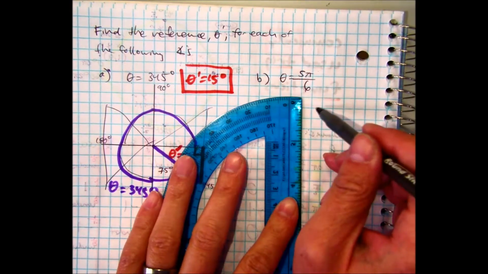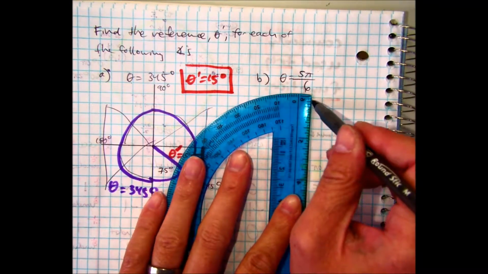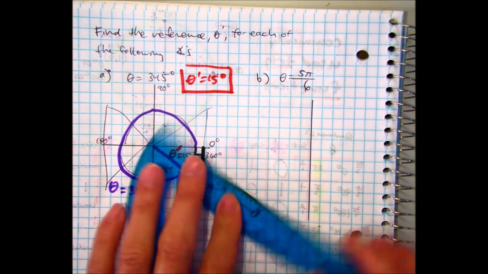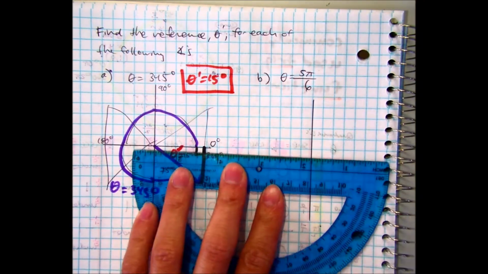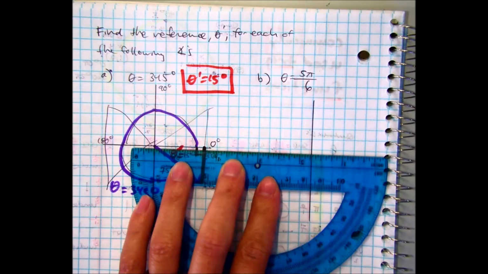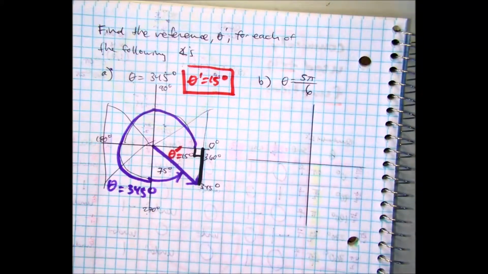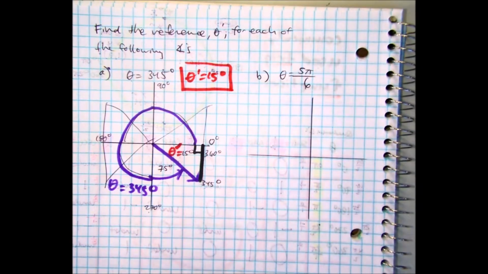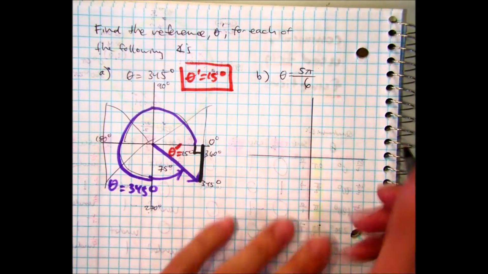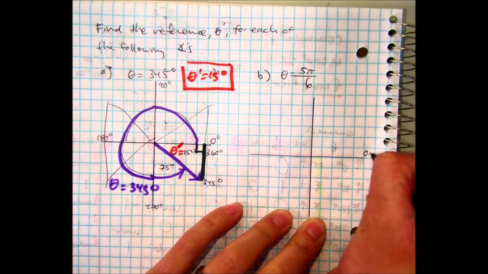Now, the second example is in radians. So pay attention. If it's in radians, you could use the idea of degrees to kind of help you, but don't be confused on it. Class, let's count in radians going around. Ready, set, go.